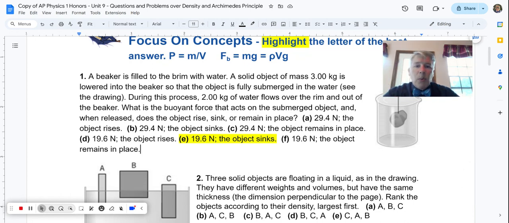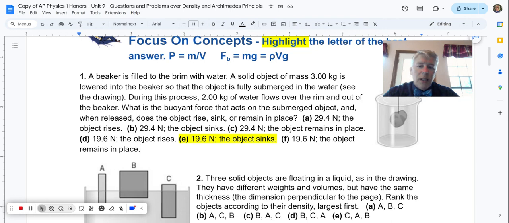So if we have the buoyant force equaling the weight of the object itself, then when you have a larger h, when it's deeper in the water, you have to have a larger density. You could have a rho Vg equal to another rho Vg.